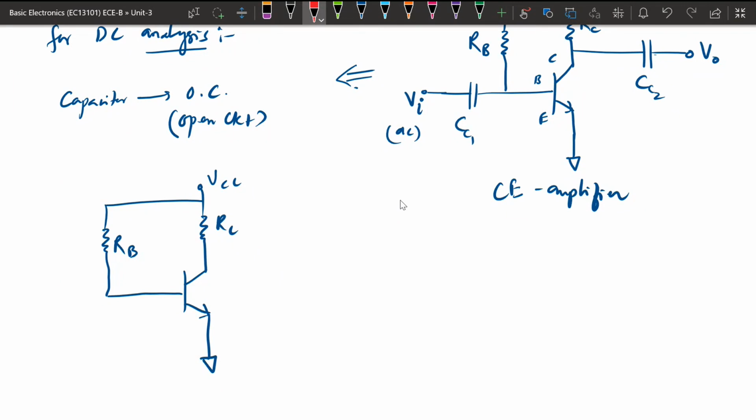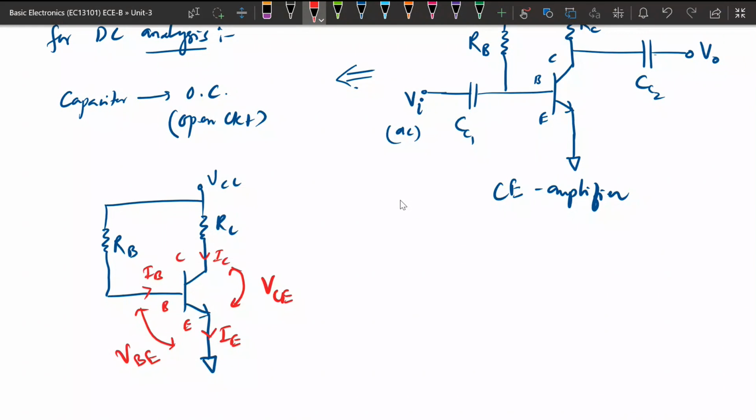This is the base terminal, this is the emitter terminal, and this is the collector terminal, with the current directions shown: IE flows this way, IB here, and IC here. The voltage between these two, positive and negative, is VCE, and this one is VBE.